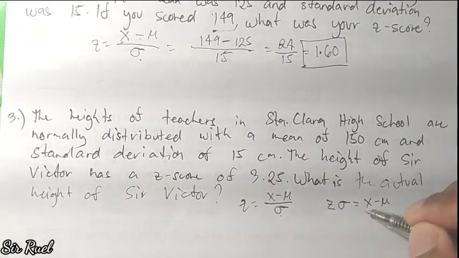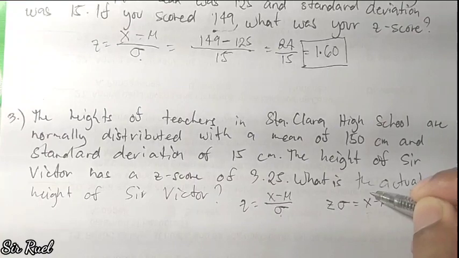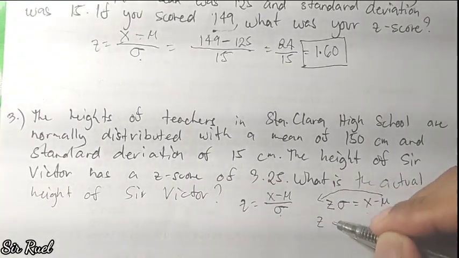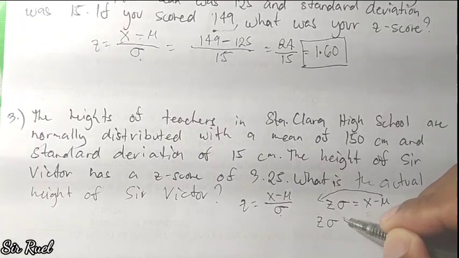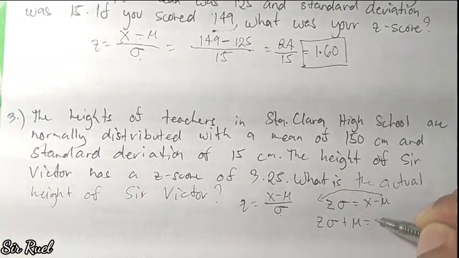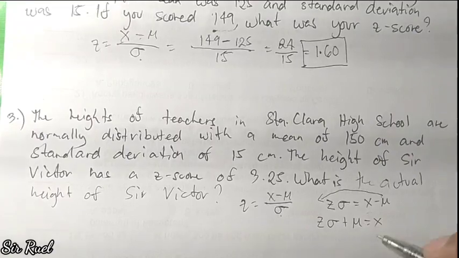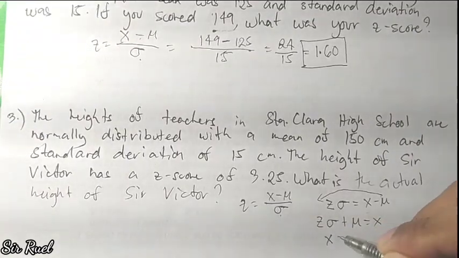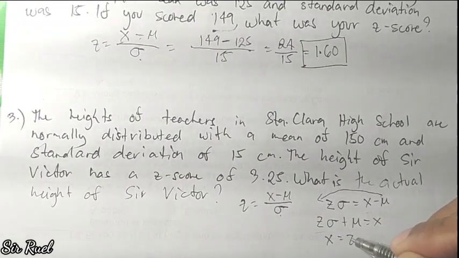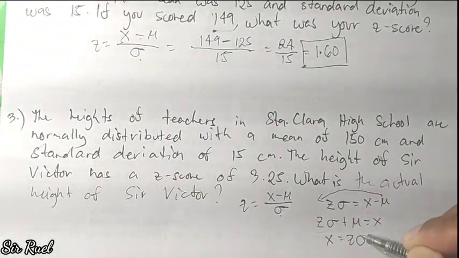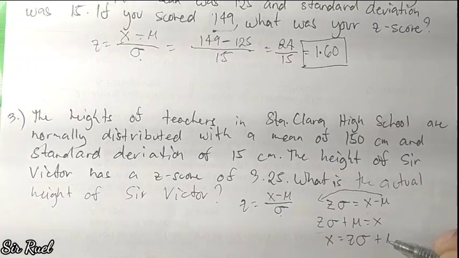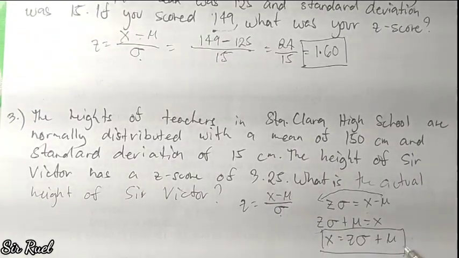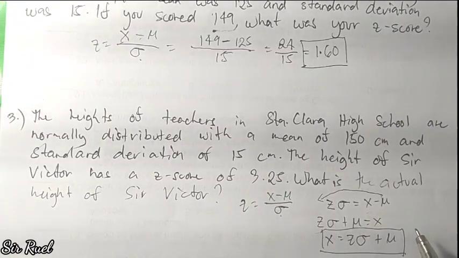And because we're looking for the x, ililipat natin to dito sa kabila, magiging z times standard deviation plus mean equals x. So ito yung formula na gagamitin natin, or baliktarin natin, x is equal to z score times standard deviation plus mean. Ito yung formula na gagamitin natin para mahanap natin yung raw score.